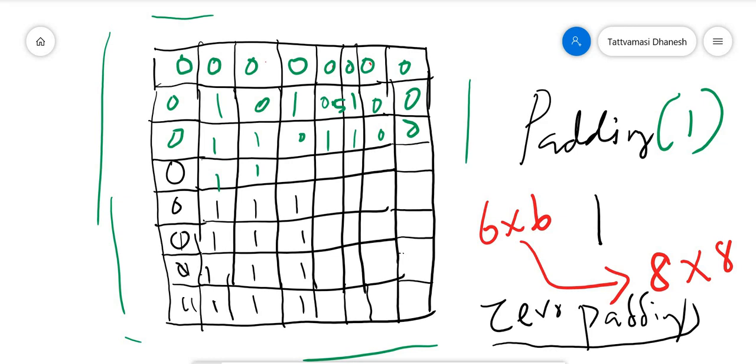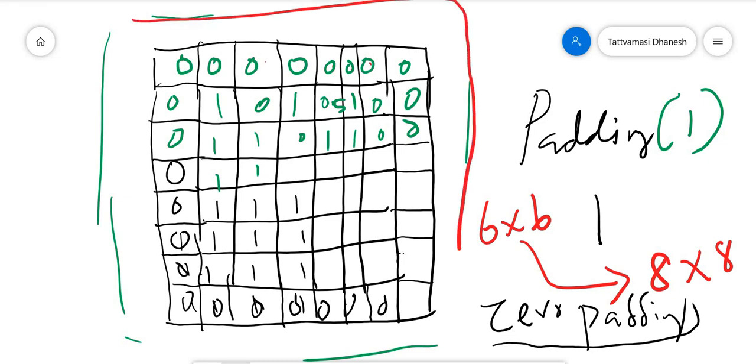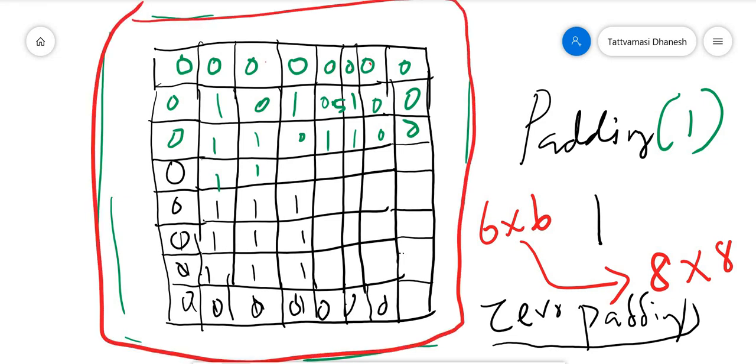When you cover with this row and this column, the padding is 1. Again, when you introduce one more row and one more column around this, the padding is 2. At that time, it becomes a 10 by 10 matrix. So this is the concept of padding, and I told you why we introduce padding.